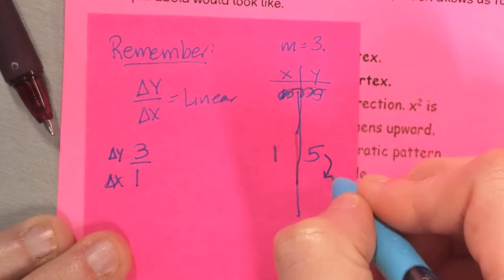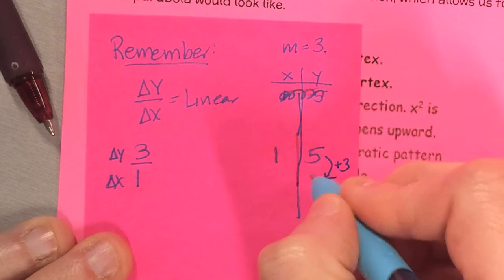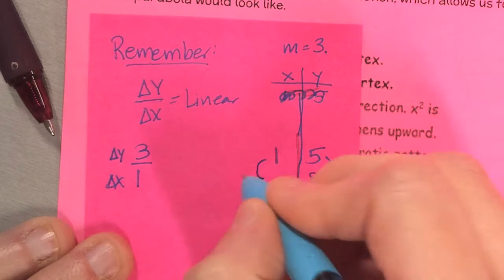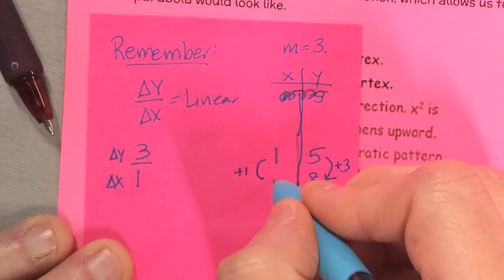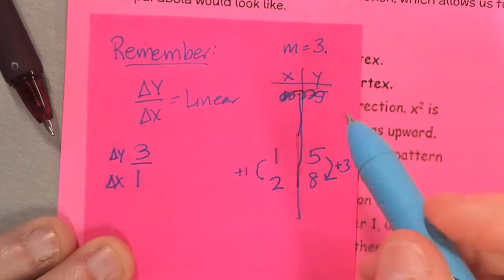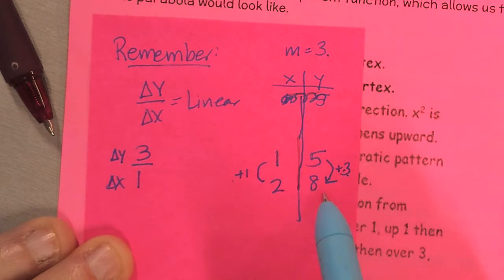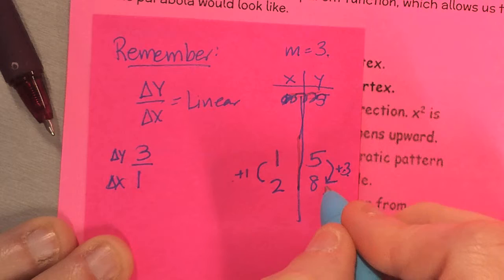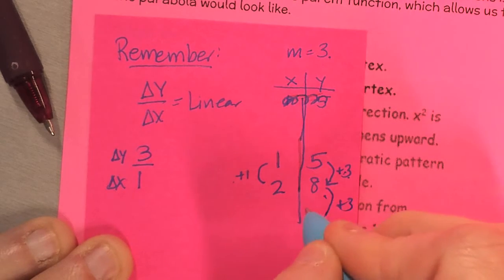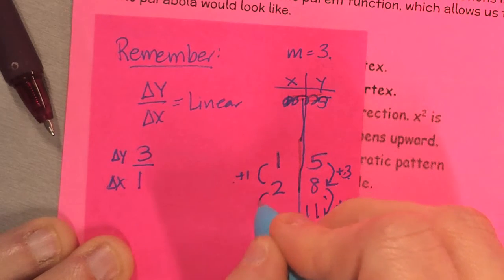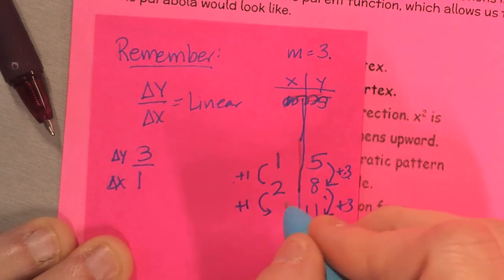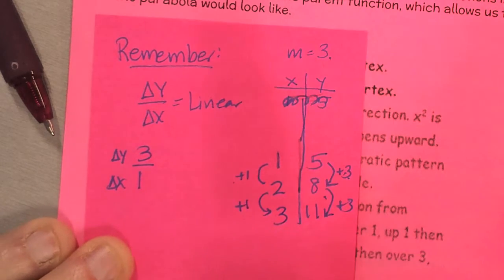So to find another point, I add 3 to the y, which is 8, and I add 1 to the x, which is 2. I use the slope, change in y over change in x. I can do that again: 8 plus 3 is 11, and 2 plus 1 is 3. So I can build more points.